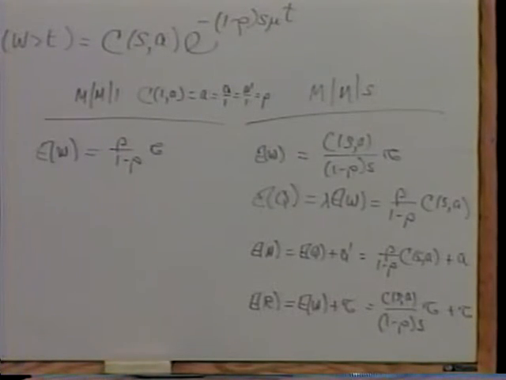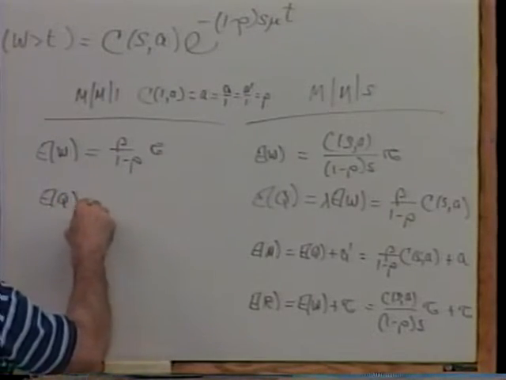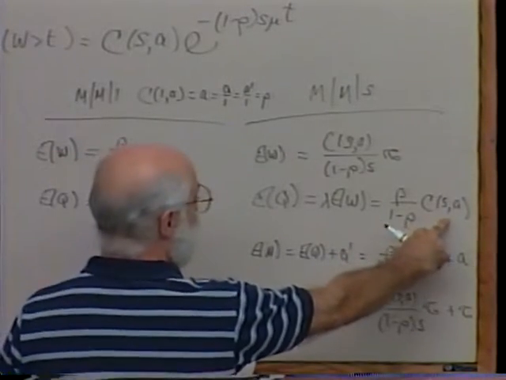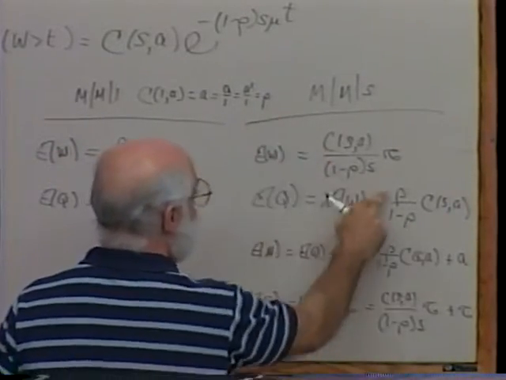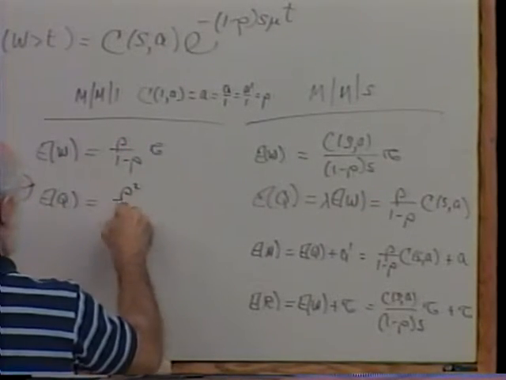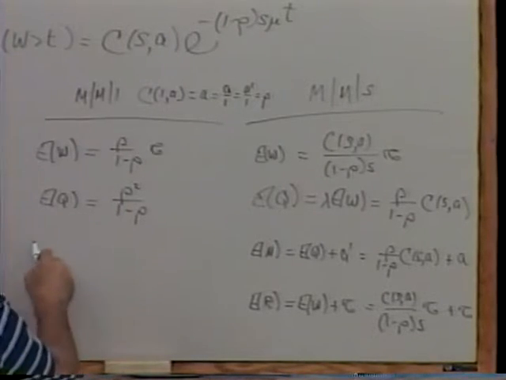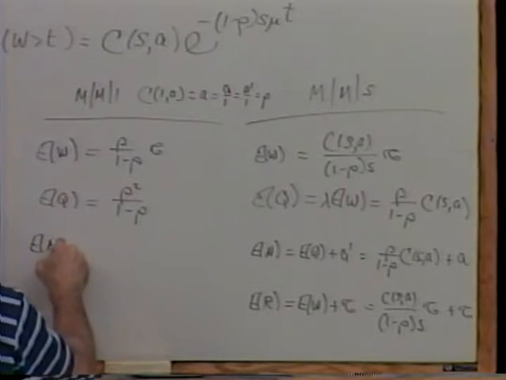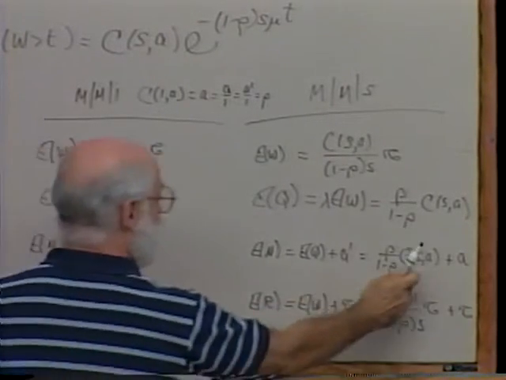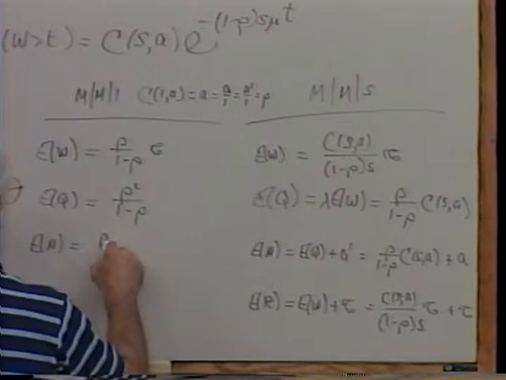How about the expected value of the queue length? Plugging into this formula and replacing the Erlang C by rho makes that rho squared over 1 minus rho. Another nice formula. How about the average number? Plugging into here, this piece is rho squared over 1 minus rho.